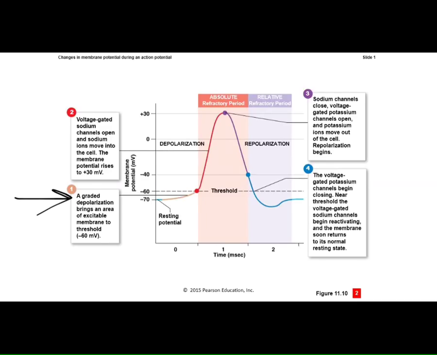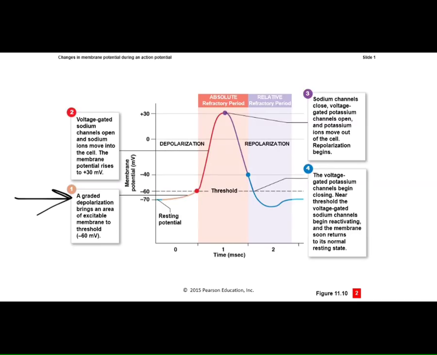This diagram also has two zones that are highlighted, one in orange, one in blue. Absolute refractory period versus the relative refractory period. Refractory period refers to the time when the neuron could not fire again. If you look at the bottom, we're talking about milliseconds, things that we have a hard time even imagining how fast that is.